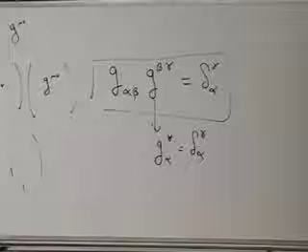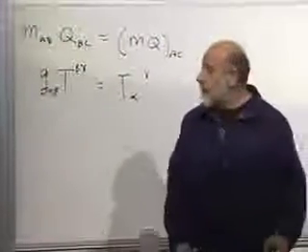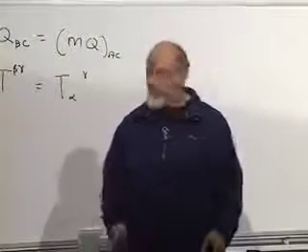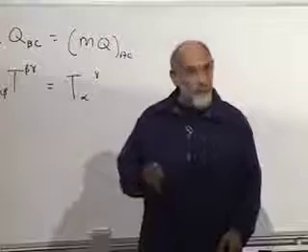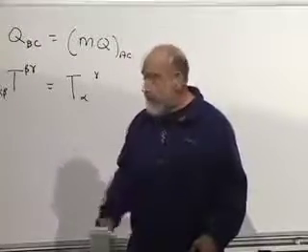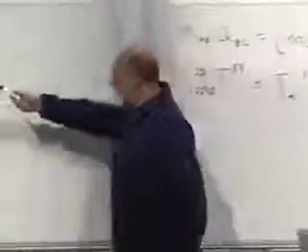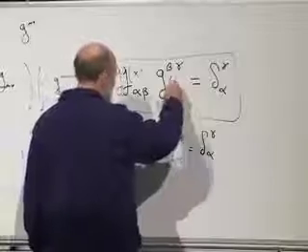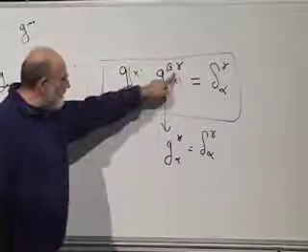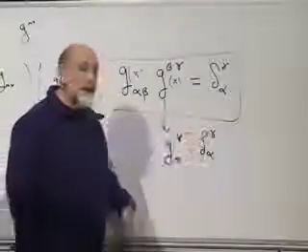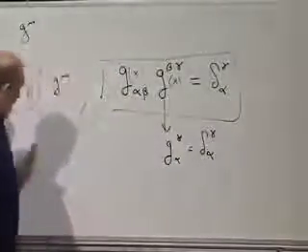It's one of the few tensors that we will meet in geometry, or one of the few sets of components, which is just a numerical set of components which does not depend on position. G over here may depend on position. G over here may depend on position. But because what's over here is always the inverse of this, delta alpha gamma does not depend on position. It's always just this matrix.